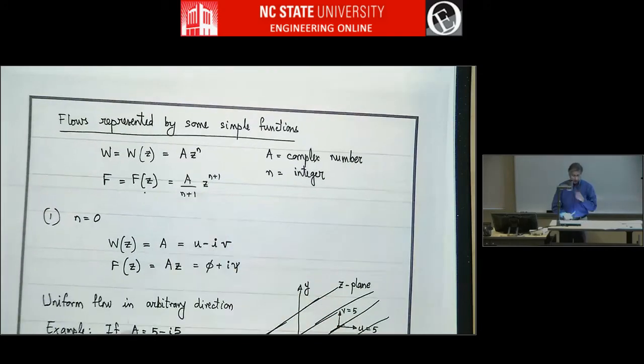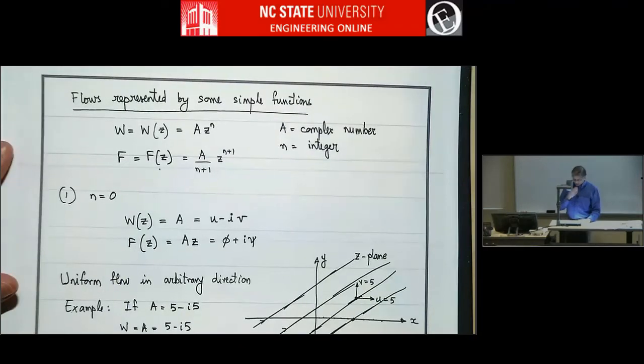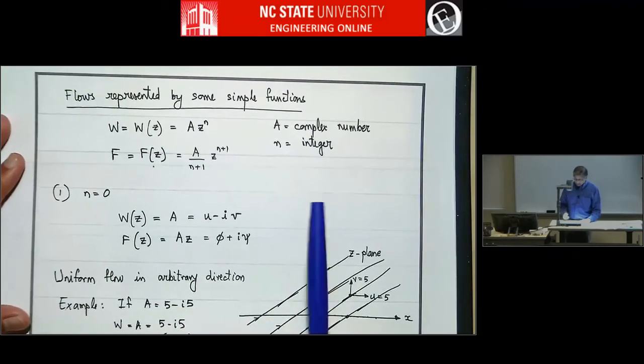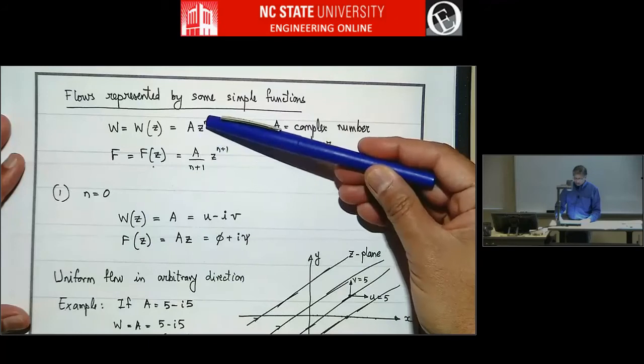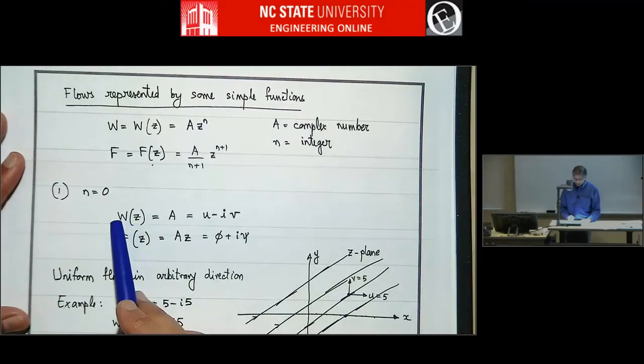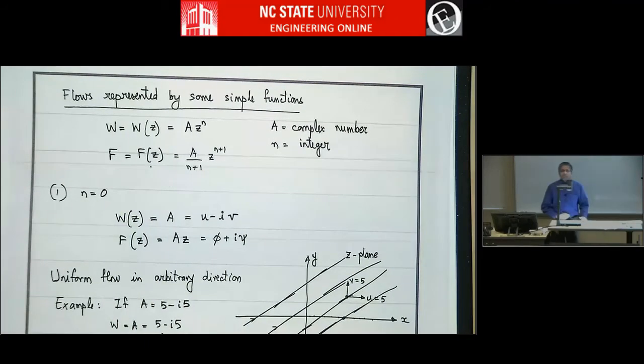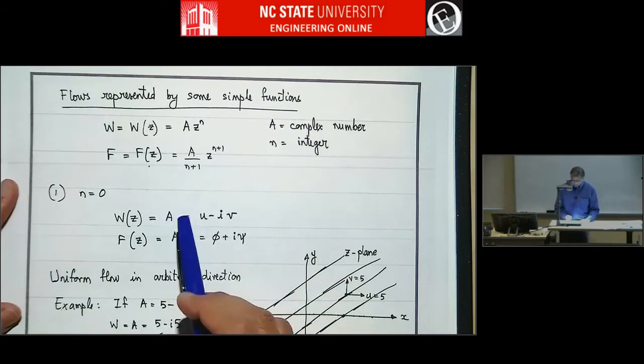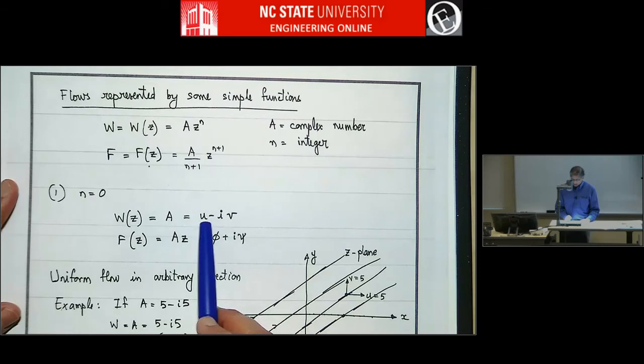We're going to call that a times z to the power n, and a is some complex number, n is some integer, and we'll vary the n to various different values to see what these flows look like. So we'll start off with n equals 0. Right, so z to the power 0 is just 1, so complex velocity is just a. And so whatever the a is, a complex number, that will turn out to be equal to u minus iv.